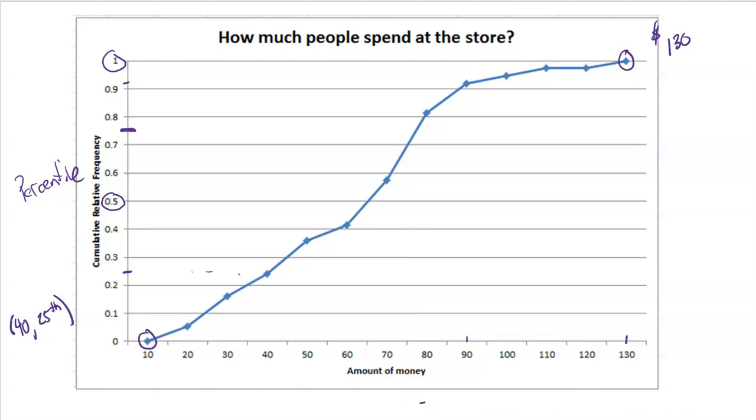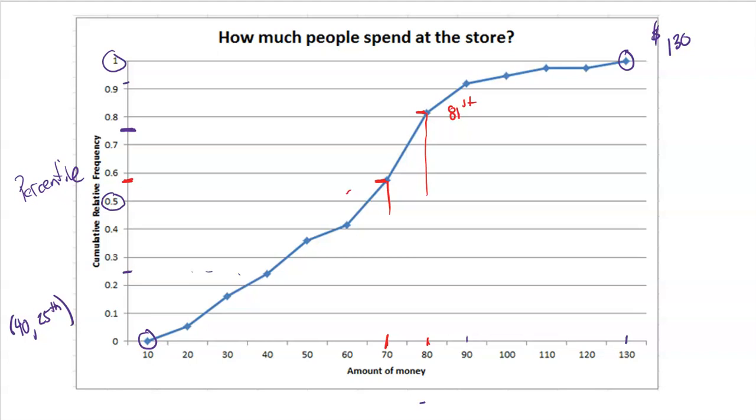All right, so in an area like right here, from 70 to 80, that was a pretty steep change, right? We went from about the 58th percentile all the way up to about the 81st percentile. So here we were at the 81st percentile.